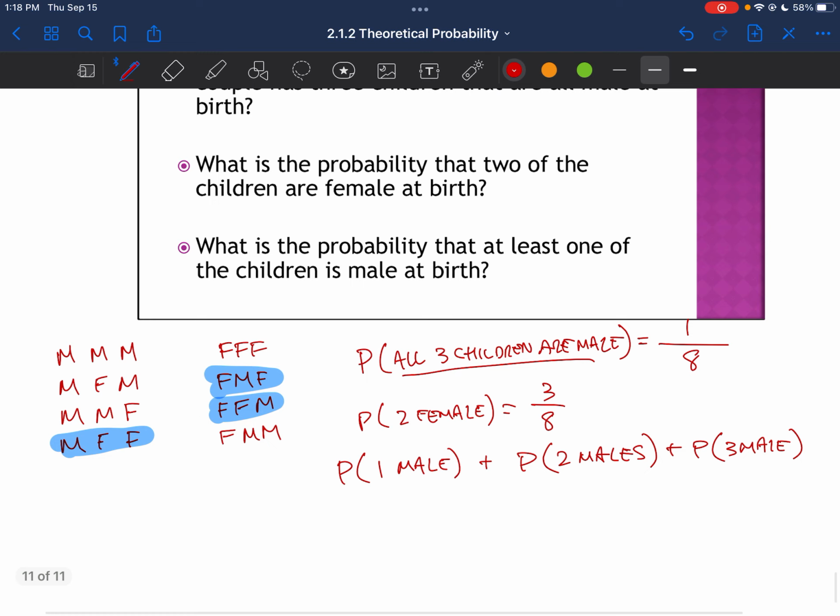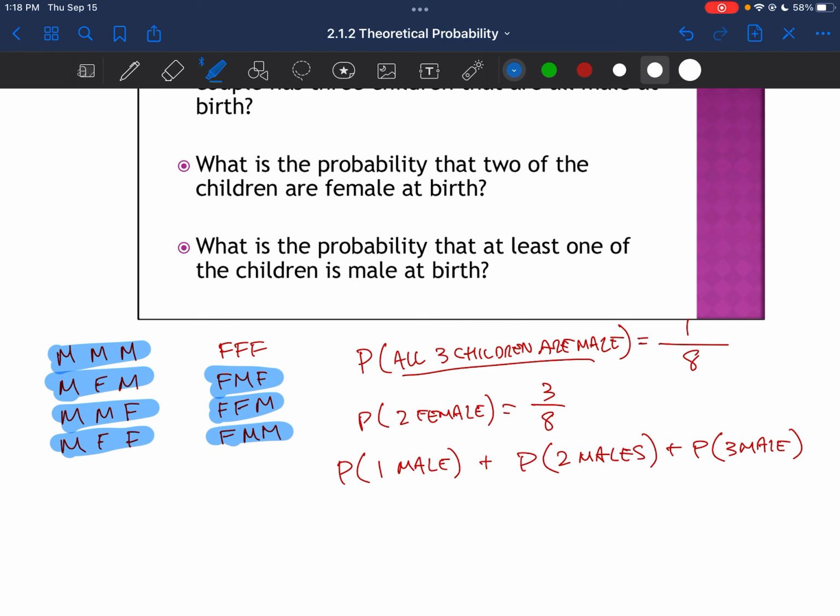So we need to count up all of these. Anywhere I see 1 male or 2 males or 3 males, I already have 1 male highlighted. Is there any other one that has 1 male? Nope. So now let's highlight 2 males. There's 2 males here, 2 males here, 2 males here. And now let's highlight the 3 males, okay?